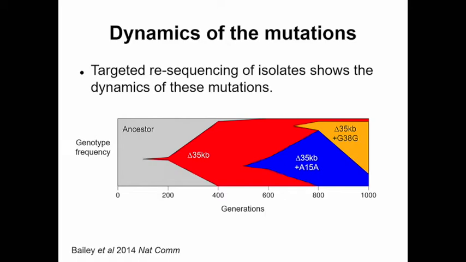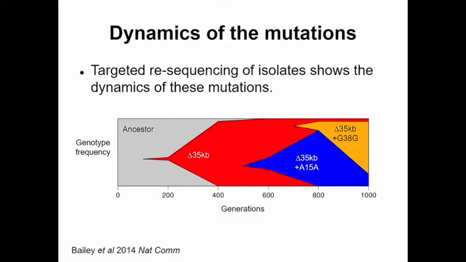So you can see the large deletion comes up first through the evolution of this population. It increases so that it takes over the entire population. And then we have one of those synonymous mutations arising on that deletion background and starting to increase.